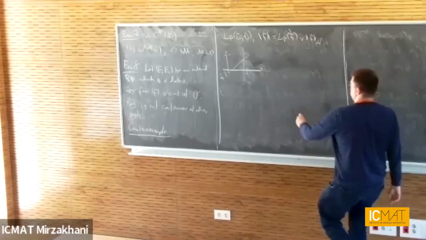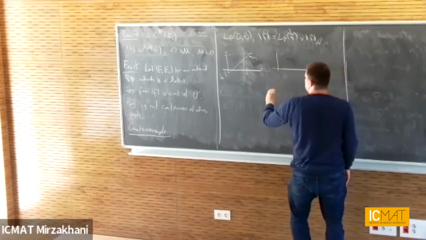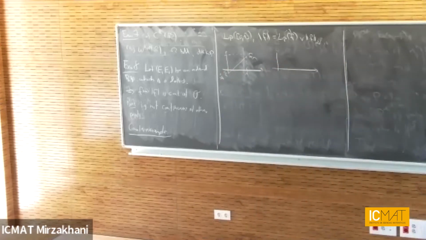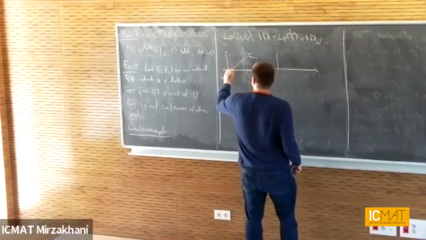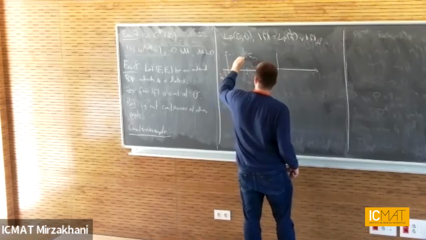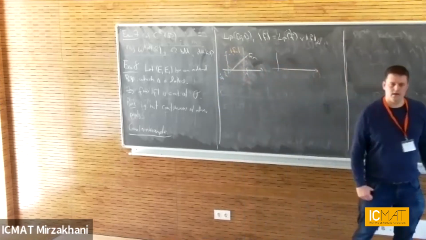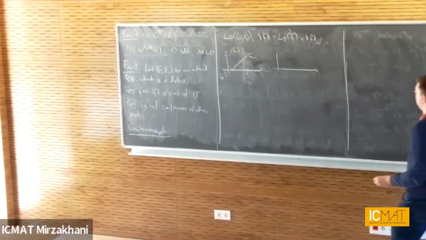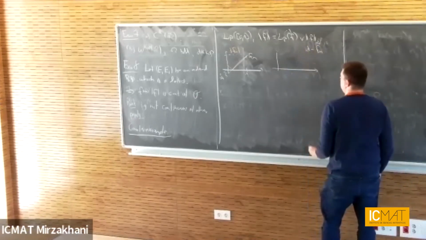Now consider the modulus. So this is Fn. The modulus looks then like this. This is the modulus of Fn. Now I take the identity minus the modulus of Fn.